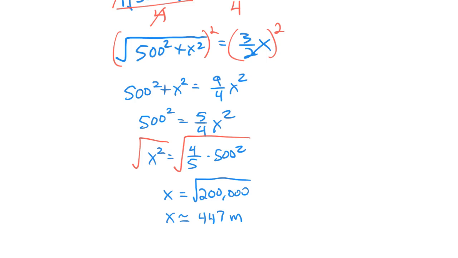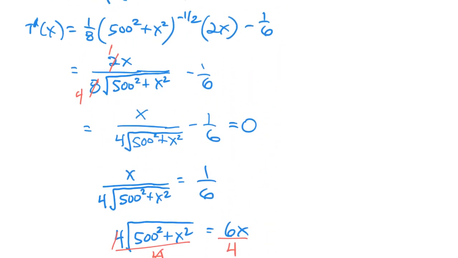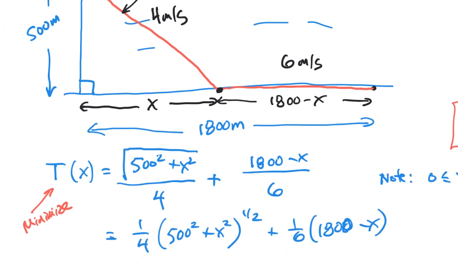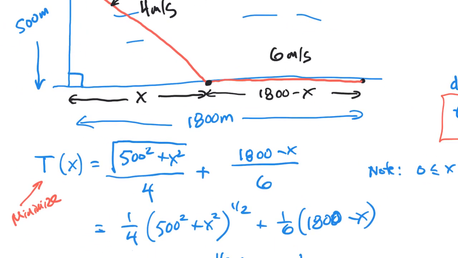So to answer the question, if we look back at that graph, what we've got is that this thing here is 447 meters. But the question is, basically, what's this distance? This is the question. How far from the cottage should he come ashore to arrive in the shortest time?